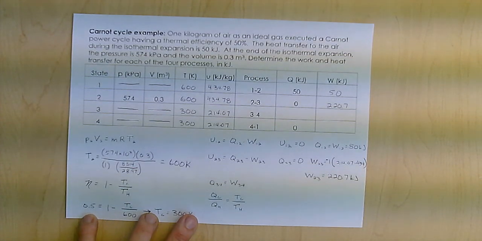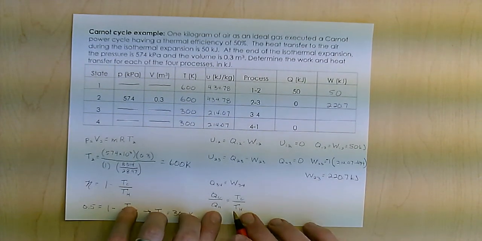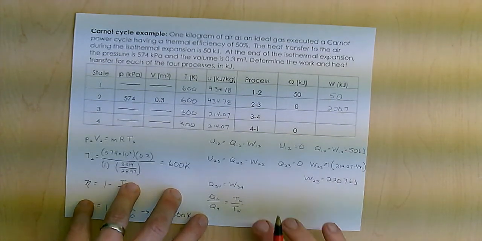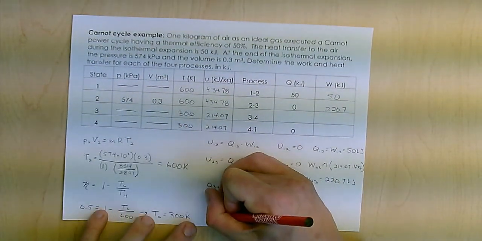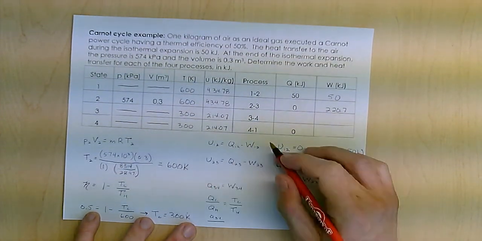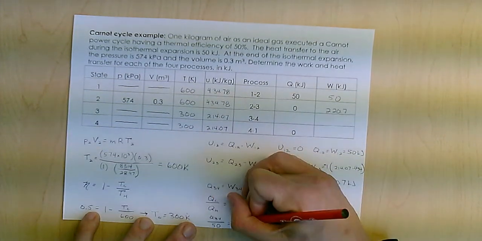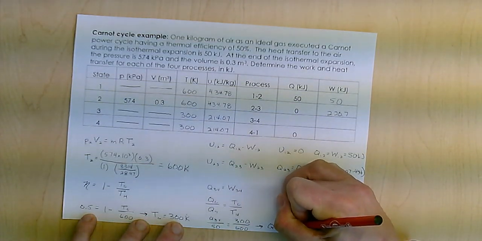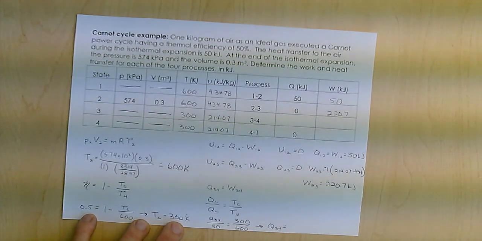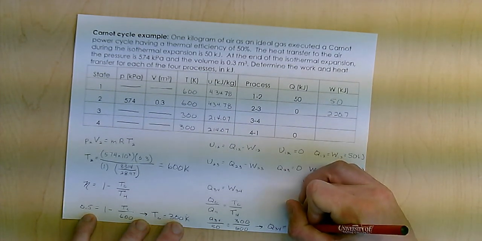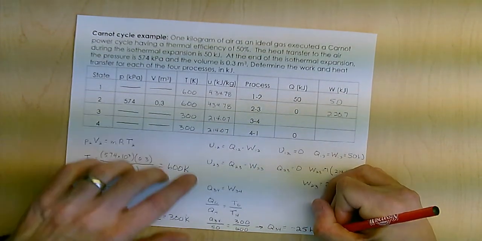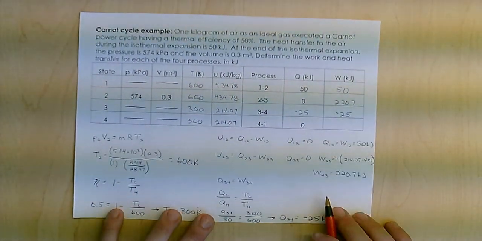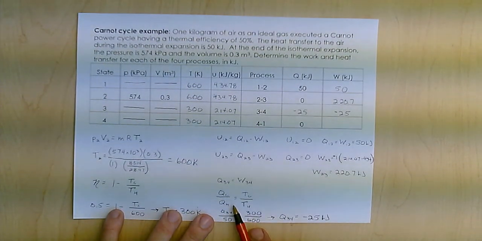Let's plug in our values for Q. QC is what I'm looking for, so Q3 to 4 divided by 50 equals 300 divided by 600, which gives me Q3 to 4. This is going to be Q out, so it's negative 25 kilojoules, because it's Q out to the cold reservoir. And this is because this is a Carnot reversible cycle.